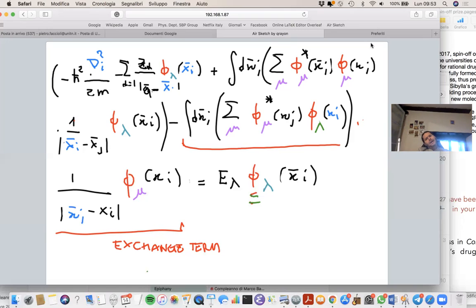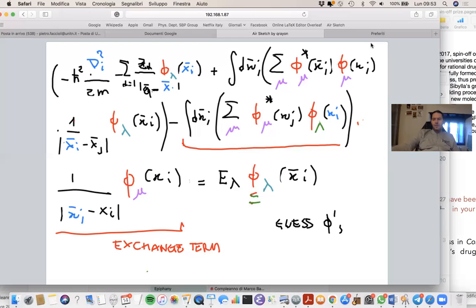Now, if you use the exchange term, the equation is more involved, but the procedure to solve it is still the same. You guess the phi's, all the orbitals, compute rho and the exchange term.